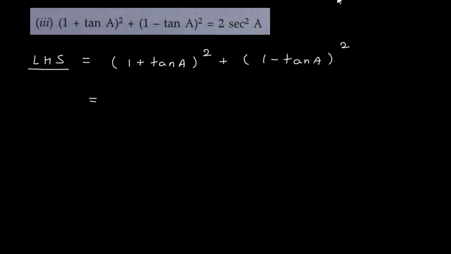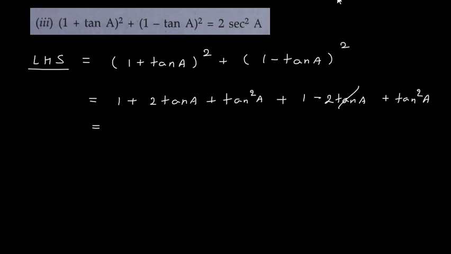Now if I open the bracket, I will get 1 plus 2 tan a plus tan square a, and here I will get 1 minus 2 tan a plus tan square a.